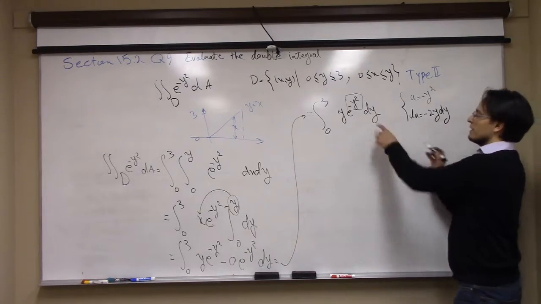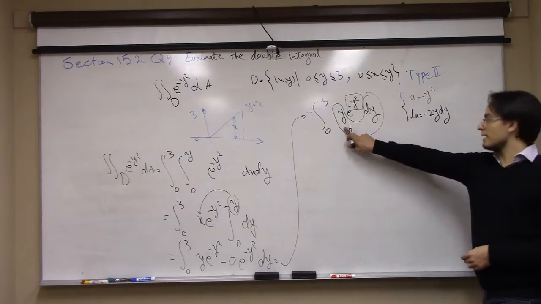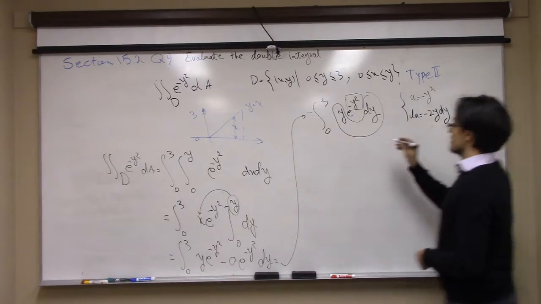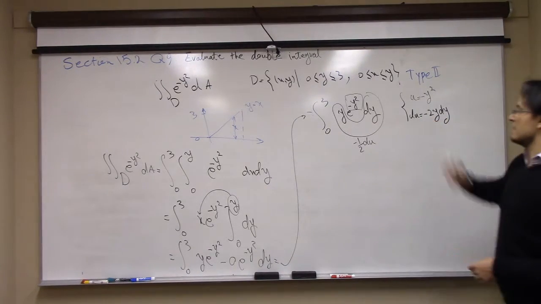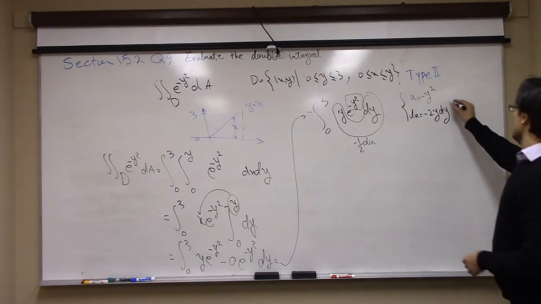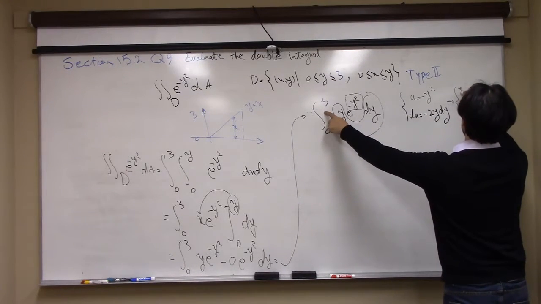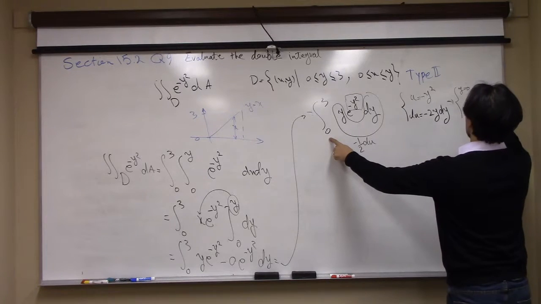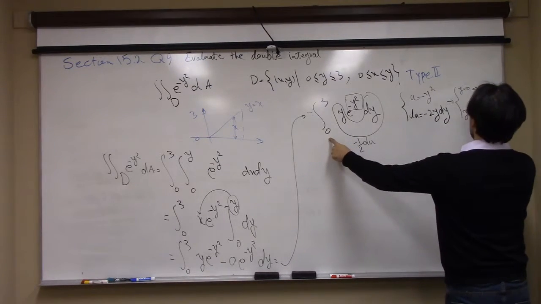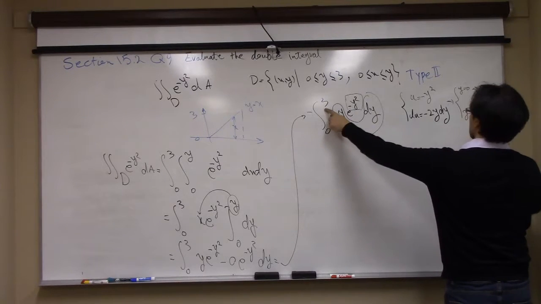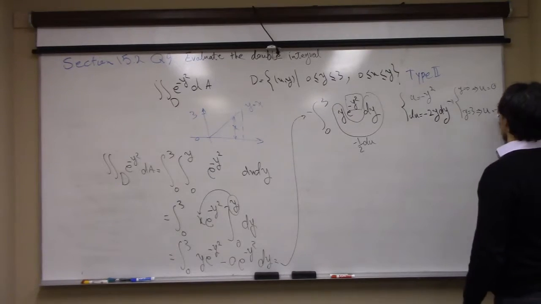And I'm lucky because I have y there, so y dy is nothing but negative half of du. And what about the boundaries? When y is 0, u is going to be negative 0 squared, which is 0. If y is 3, then u is going to be negative 3 squared, which is negative 9.